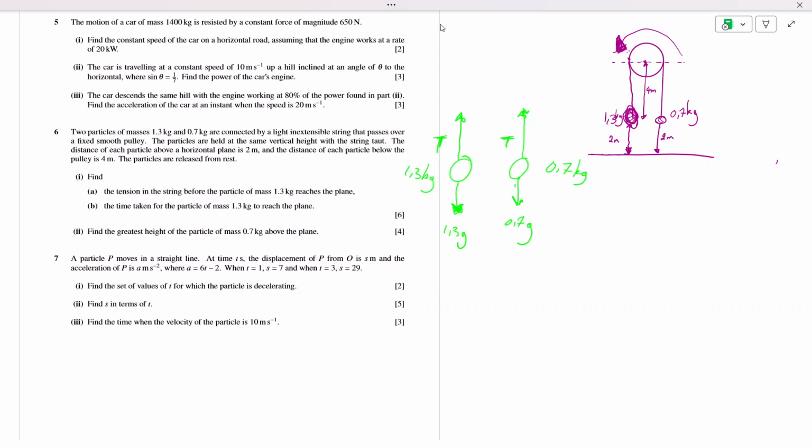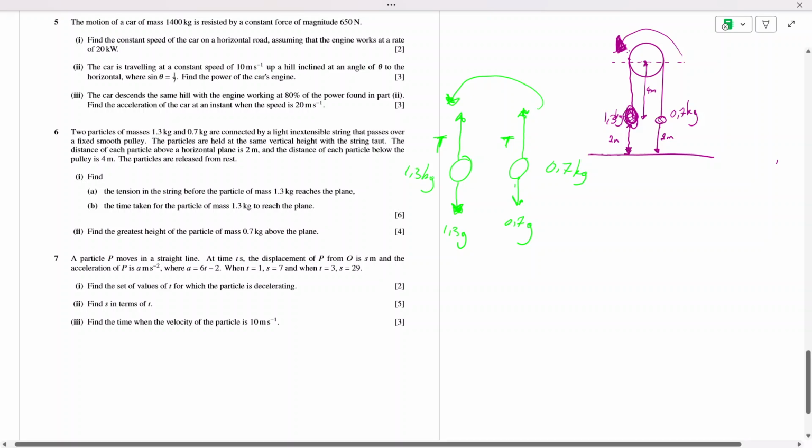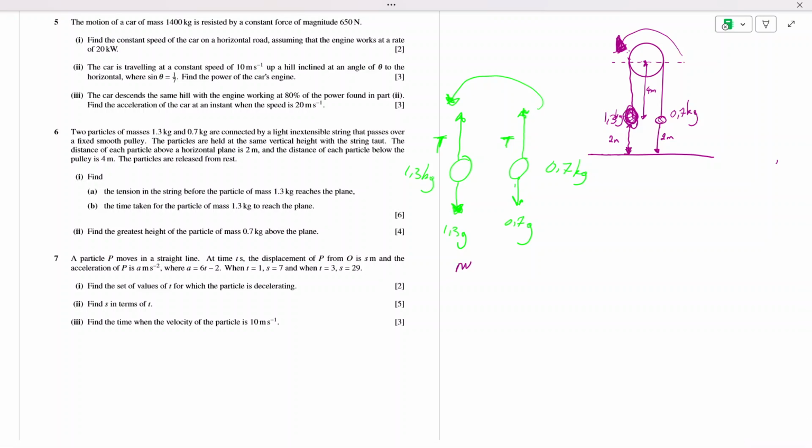But since we know that the pulley moves in that direction, it's shown on the diagram in purple, I'm going to use Newton's second law again. See, for mechanics, if you don't understand Newton's second law, I don't know what you do, honestly.